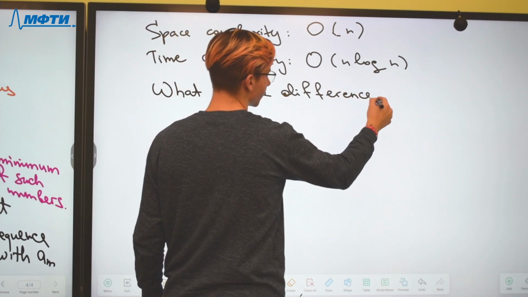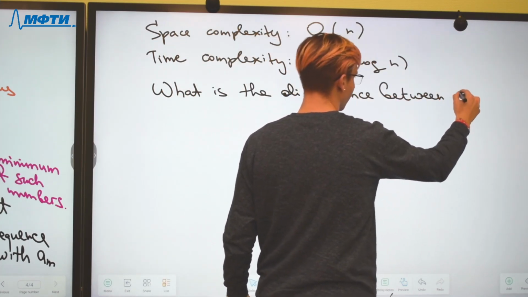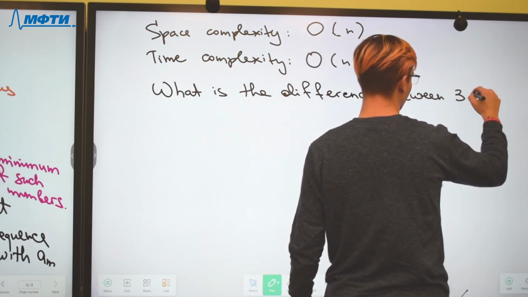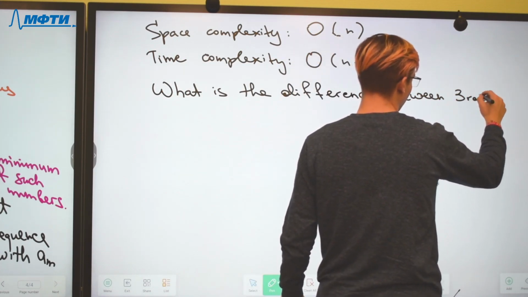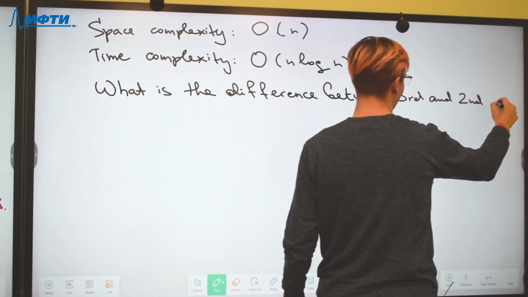What is the difference between the third and second algorithm?